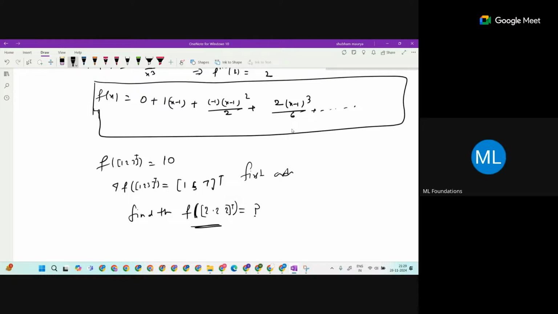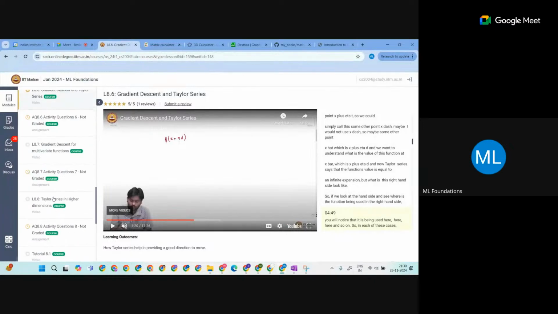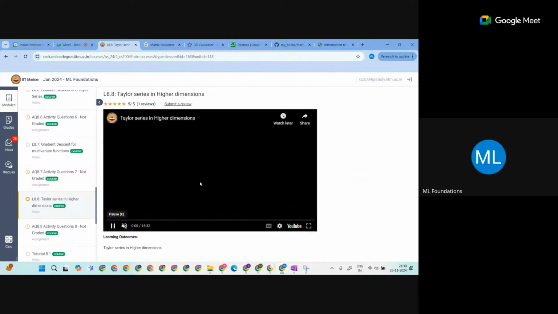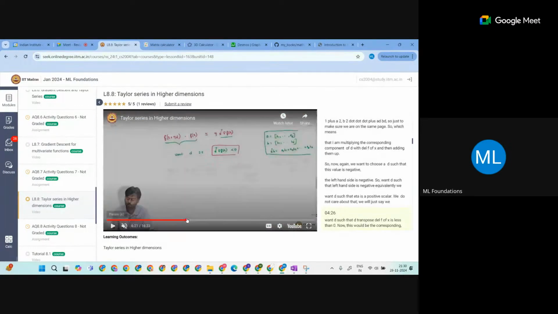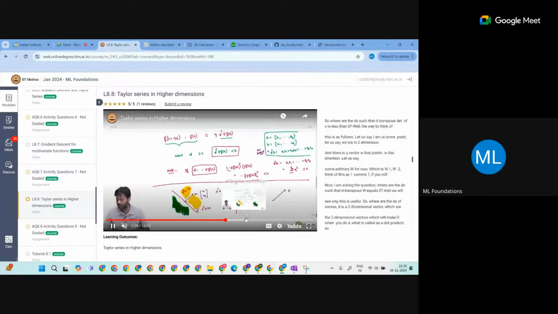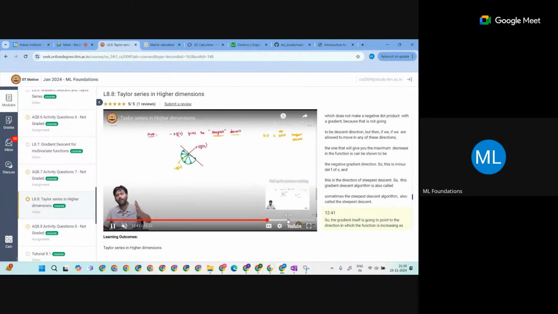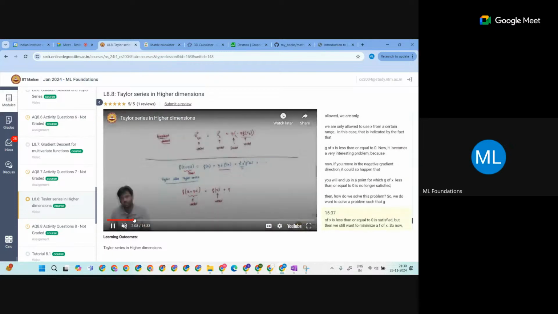What is going to be this? Okay. So this is a multivariable case, so this is a multivariable Taylor series, the higher dimension Taylor series. Where is that formula exactly?